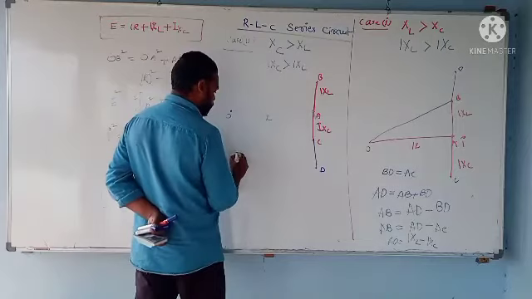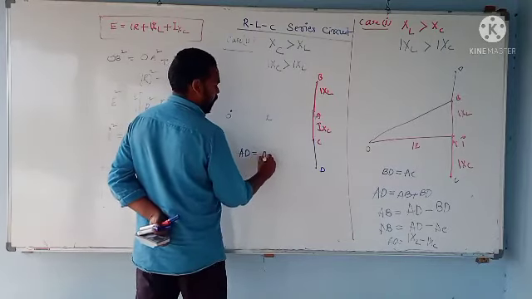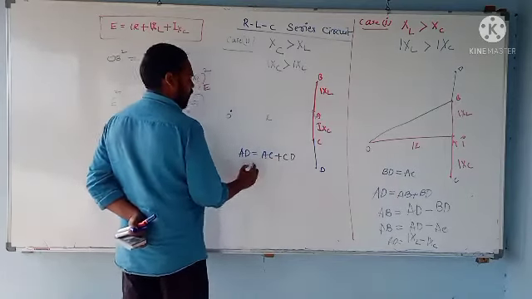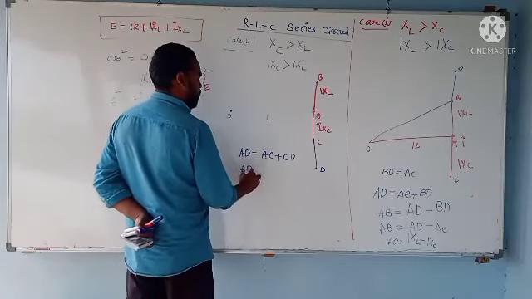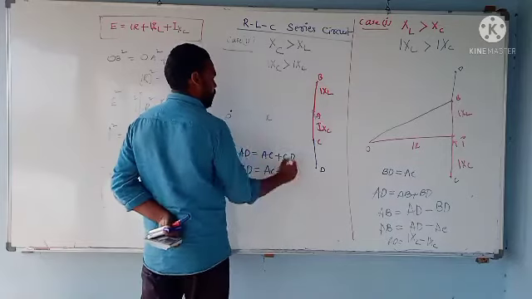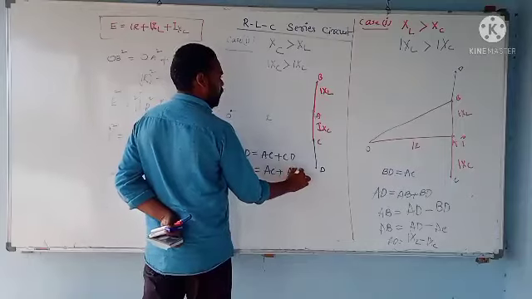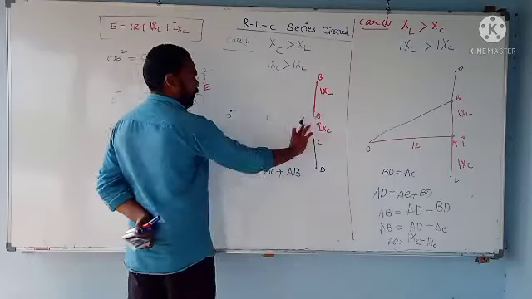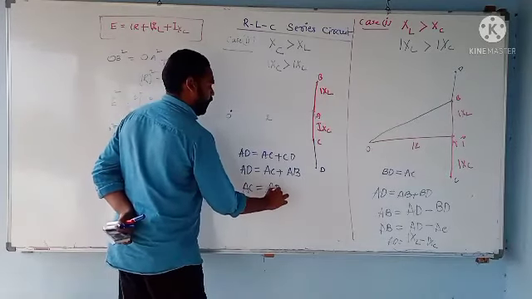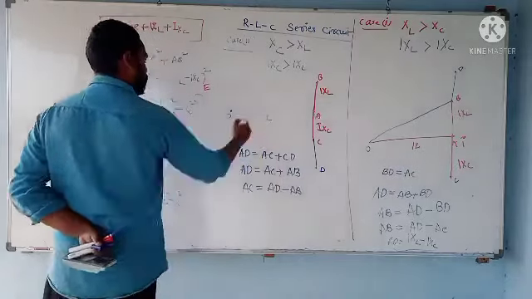Now from this, can I write AD is equal to AC plus CD? Instead of CD can I write AB, because I am assuming this extension portion is equal to this one. So AD is equal to AC plus AB. If I want to calculate AC, AC is equal to AD minus AB. This is from the phasor.